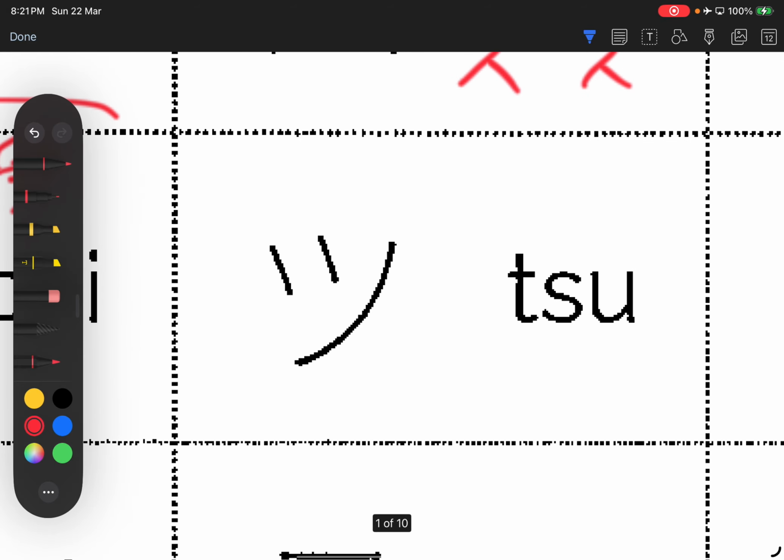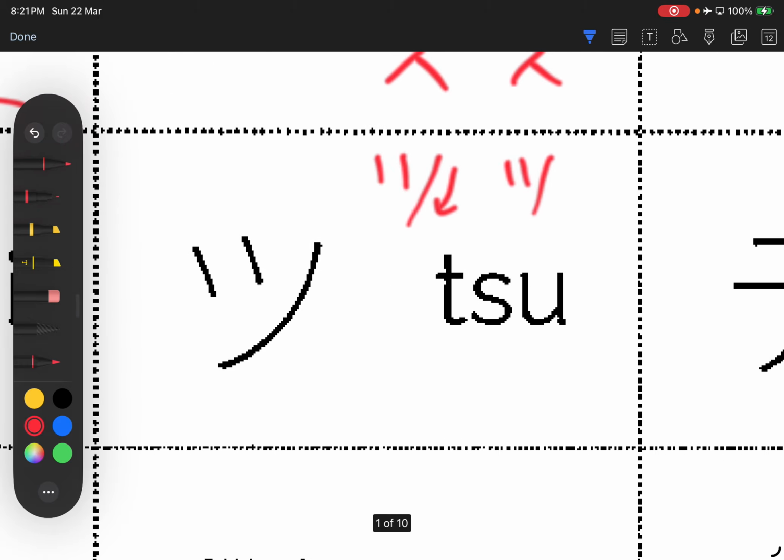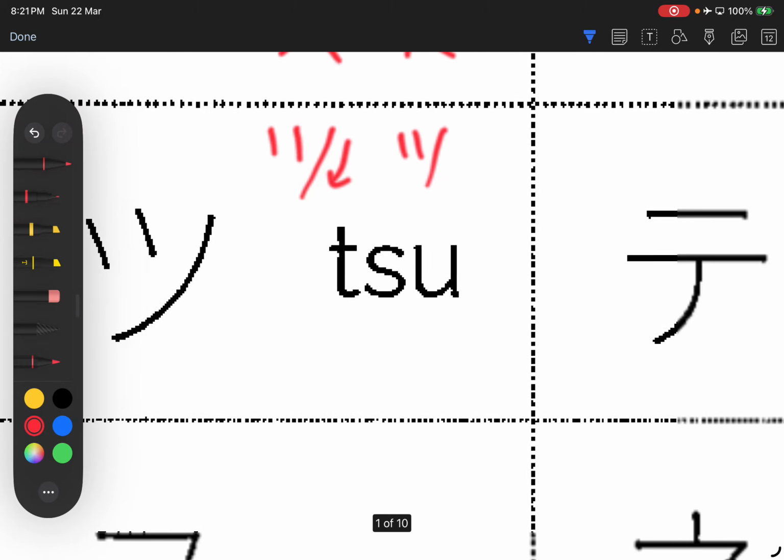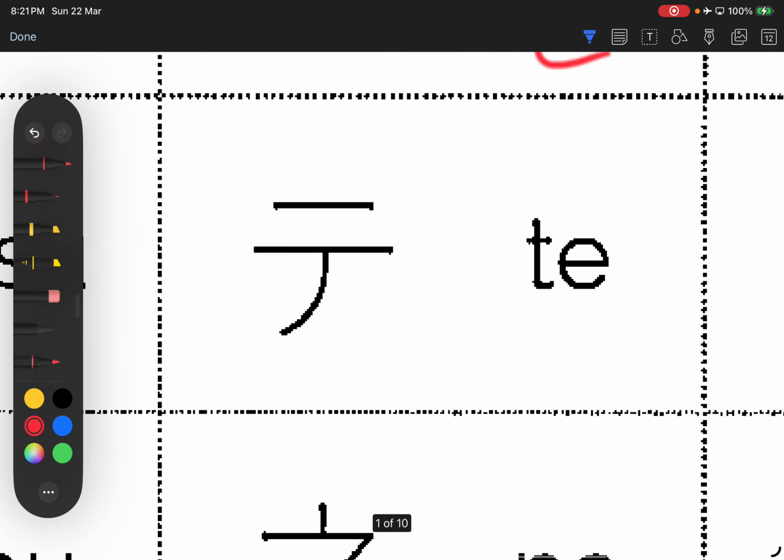Next we have ci. Okay, for ci, just now I showed you once, so we just do 3 vertical, so 3 straight lines. Okay, so 1, 2, 3. The stroke come down. So this is ci. Next we have te. Te.